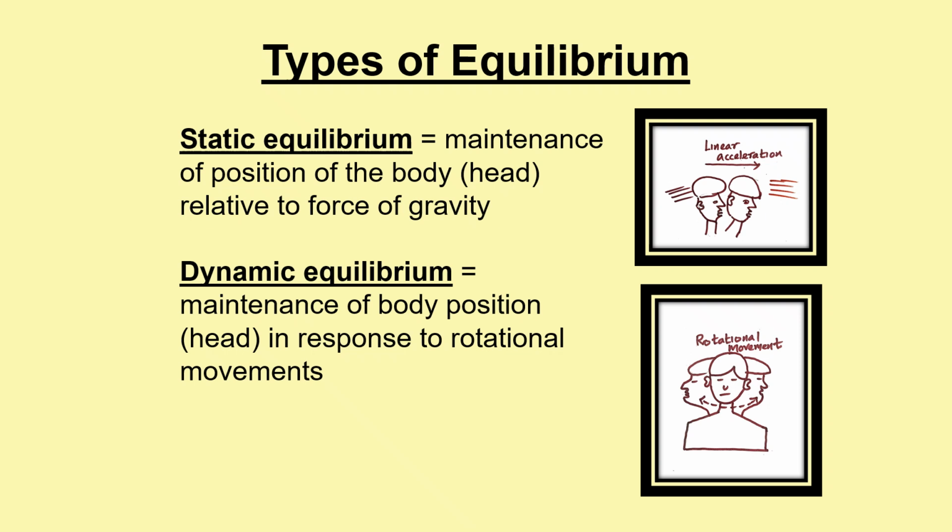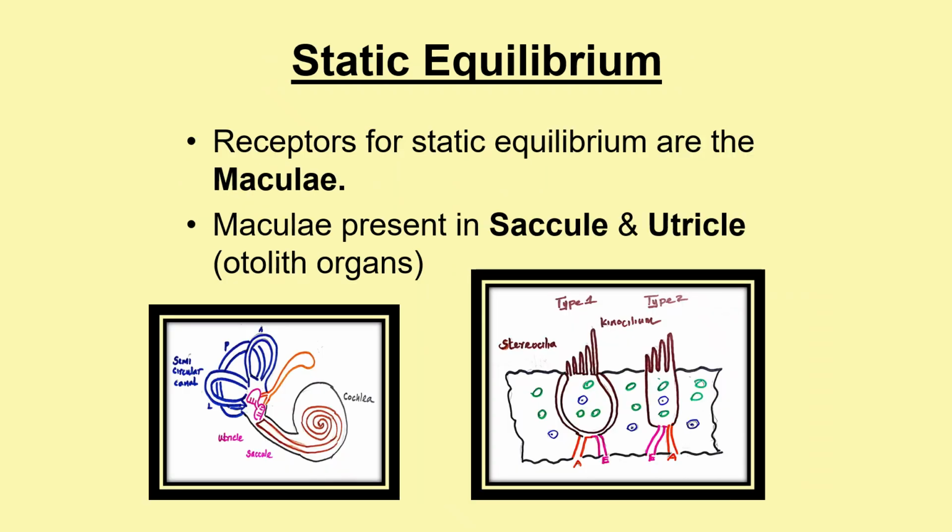At that time the vestibular apparatus is stimulated to maintain the position of the body by dynamic equilibrium. The receptor for static equilibrium is called the macula. Macula is present in the utricle and saccule.